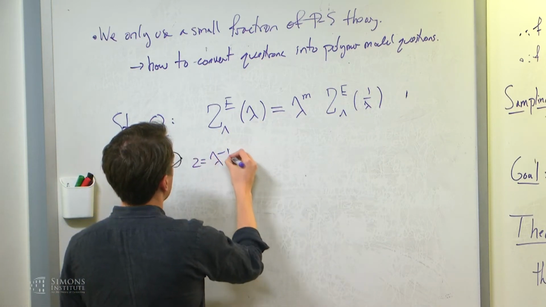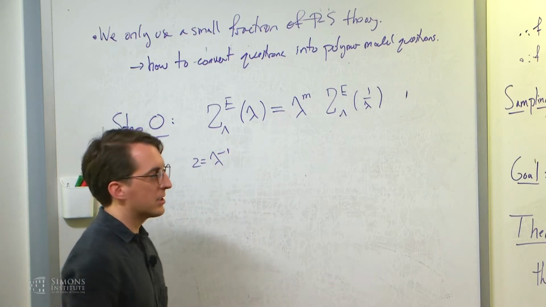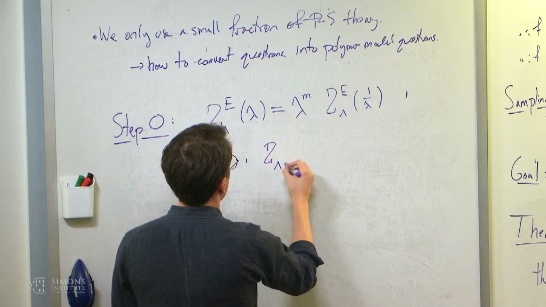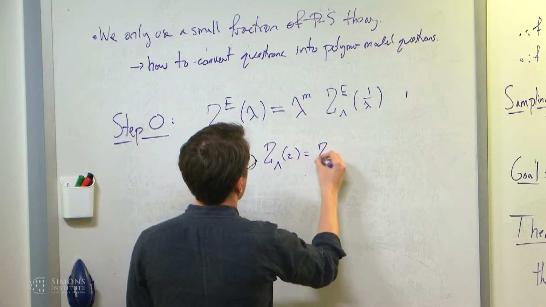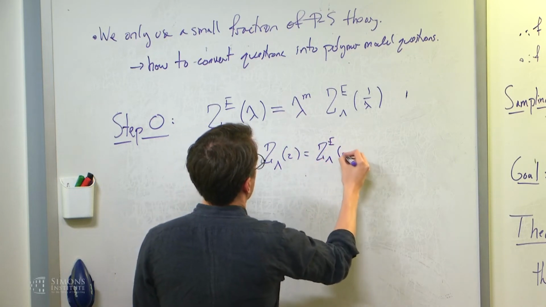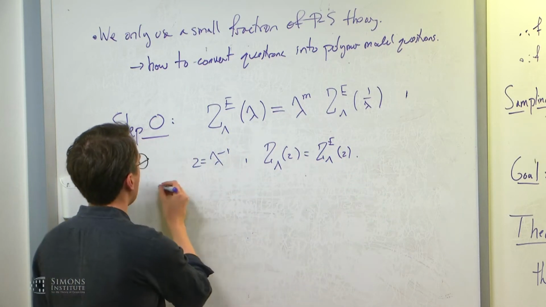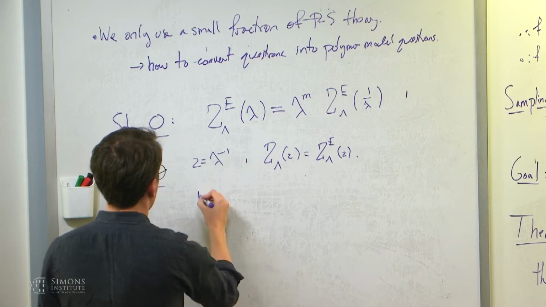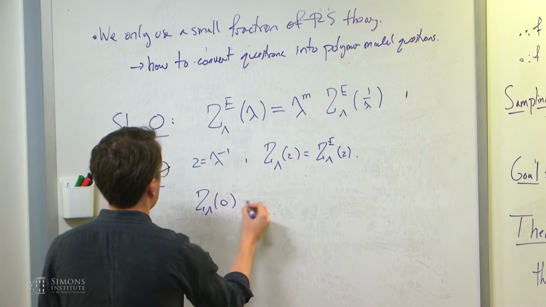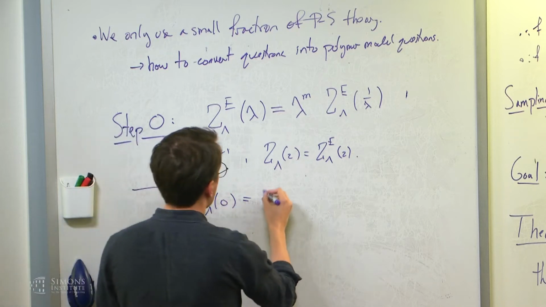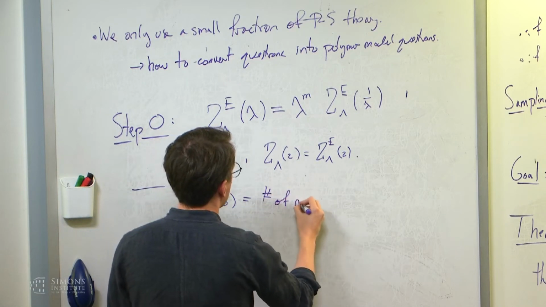And just so that I don't have to keep rewriting 1 over lambda all the time, I'm going to make little z equal lambda inverse. And z_lambda of z is ze. So once I do this, what do we have? The lowest order coefficient of this polynomial is the number of maximal independent sets.